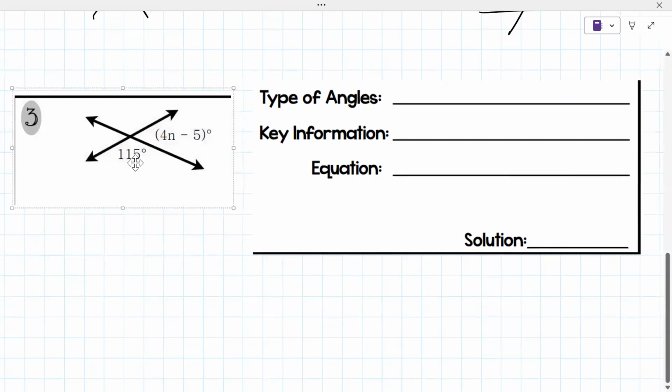What type of angles are these? Well, these are on the same side, so it's not that type of angle.